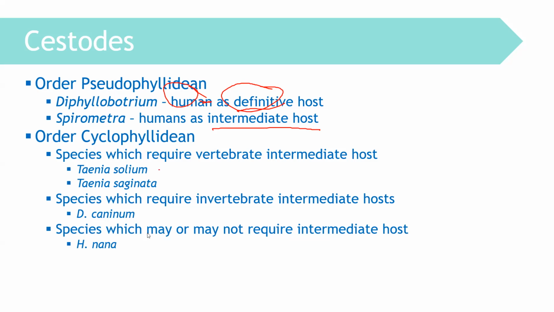For solium, the pig, no, is the intermediate host, where swine is the intermediate host. For saginata, we have the cow or cattle as the intermediate host. Okay? For Dipylidium caninum, no, invertebrate intermediate host.